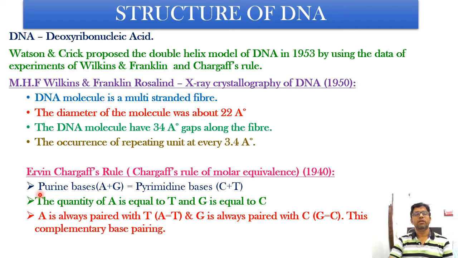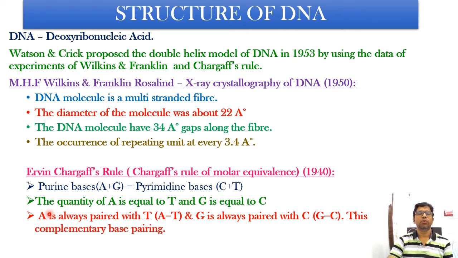The first point is that the number of purine bases is equal to the number of pyrimidine bases. The sum of adenine and guanine is equal to the sum of cytosine and thymine.